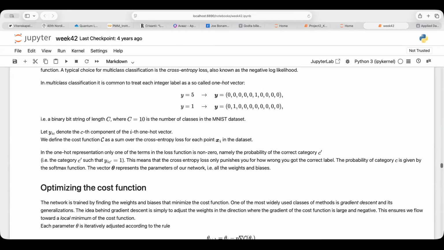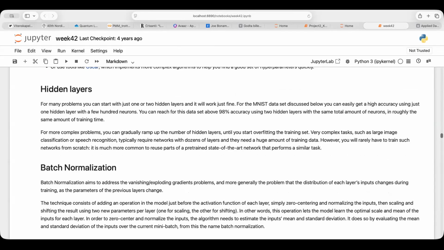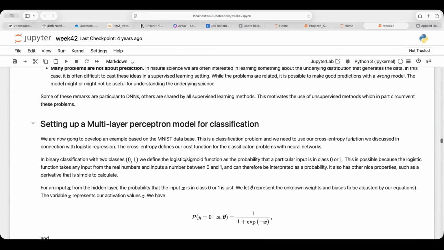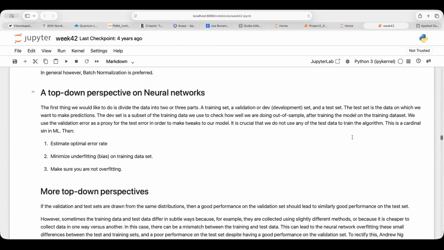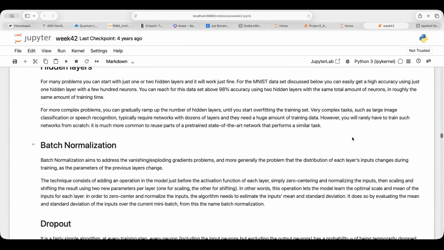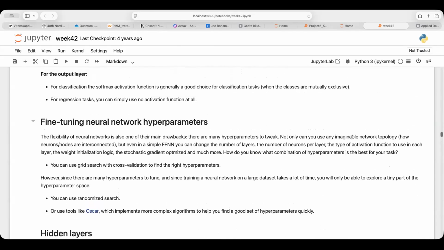So let's go back. And what we are going to look at now is the setup of a network. In the slides here, you will find some discussions, which we are coming back to, on how you can fine-tune parameters and so on.